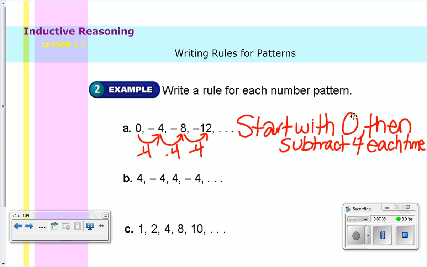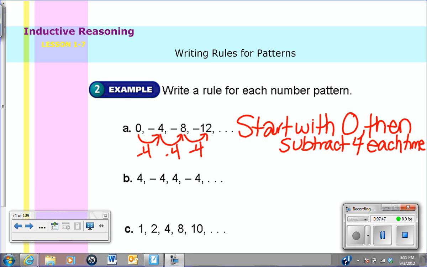All right, so now you have to do B and C. If you'll pause me now, you'll get to start. Go ahead. All right, let's check your answers. Now B, it goes 4, -4, 4, -4. Well, for this one, it looks like you basically just go back and forth from 4 to -4.